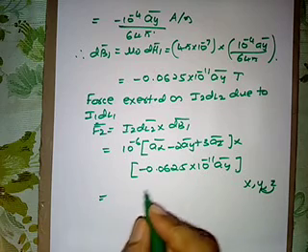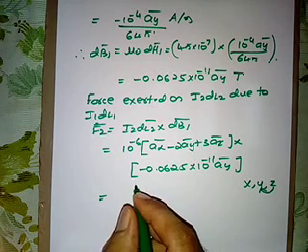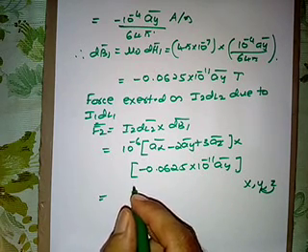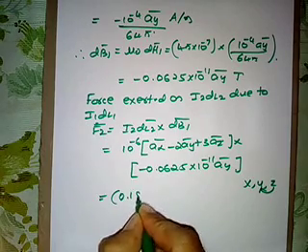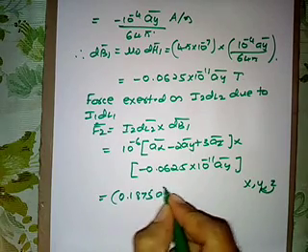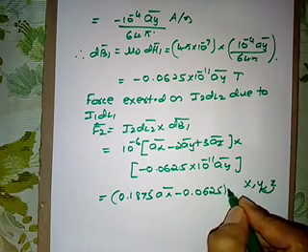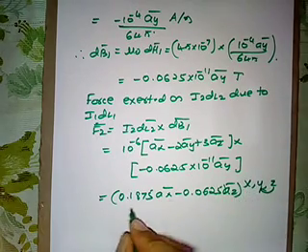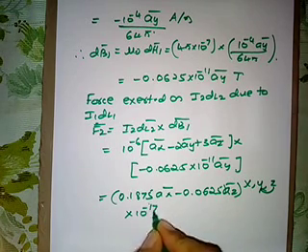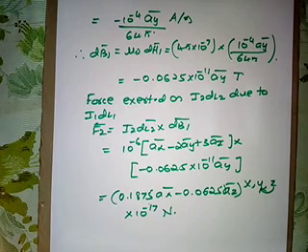So on simplification we get this equal to 0.1875 Ax bar minus 0.0625 az bar into 10 raised to minus 17 newtons. Okay.